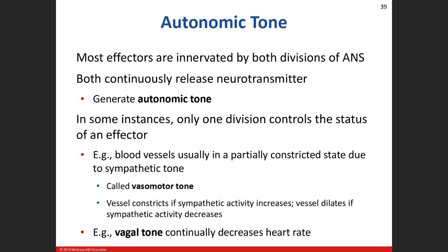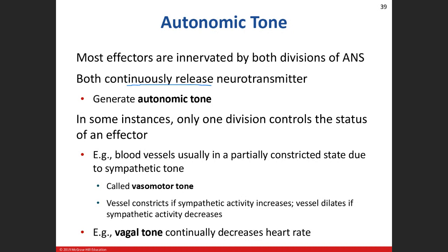So autonomic tone, this is an important term, is when you see the continuous release of neurotransmitter. Remember, we learned the different neurotransmitters involved in the autonomic nervous system, acetylcholine and norepinephrine.